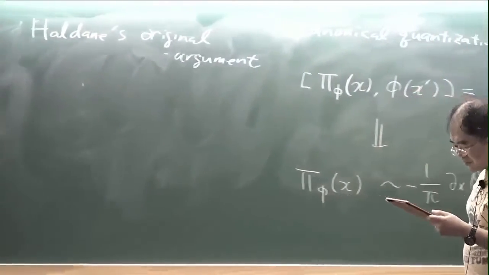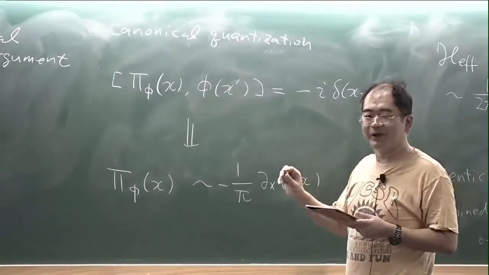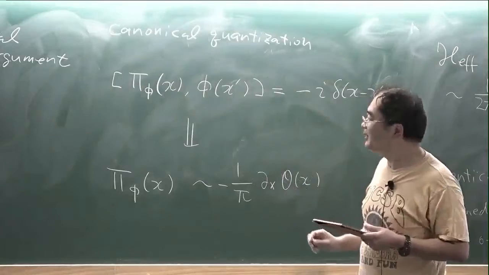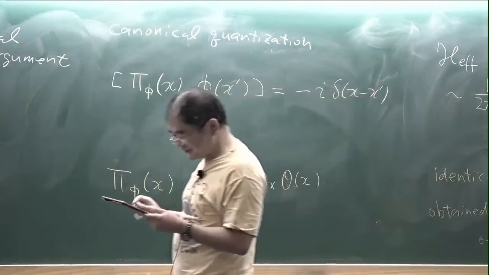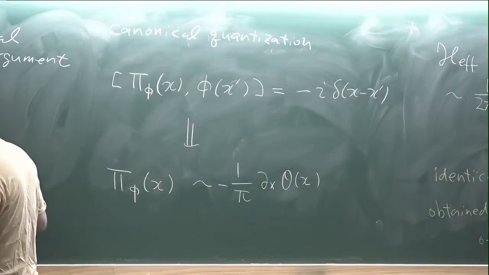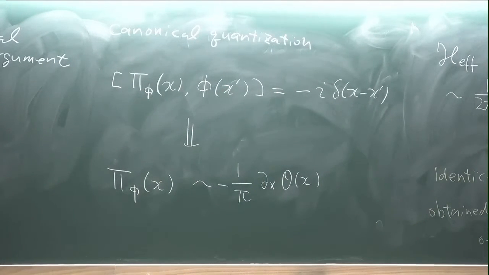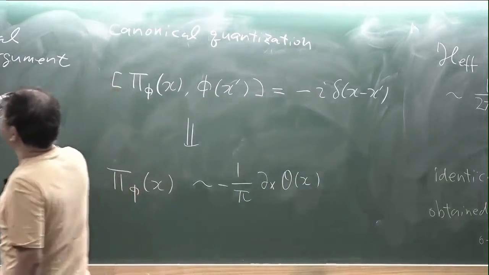Okay. So I want to explain what Haldane did in the original paper. Actually, it's not easy to read the paper, so it took some time to understand, but once you understand, it's very elegant. So he was interested in general spin chain, Heisenberg magnet with general spin.